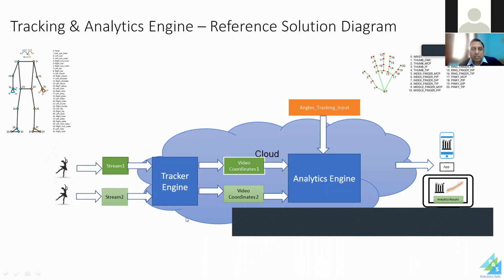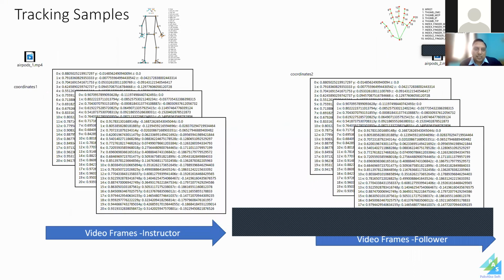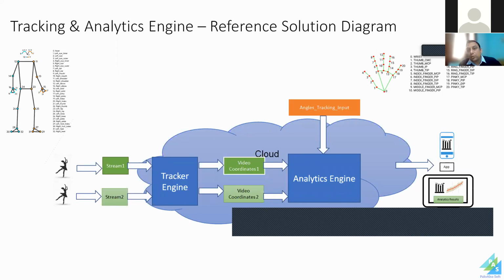This is coming from video 1, and another from video 2, and then we feed these streams of coordinates into the analytics engine, which takes some other inputs like configuration parameters, which I will discuss, and gives the analytics result we just saw, which we can see on a desktop or a mobile app. So this is the basic concept of how we are approaching it.